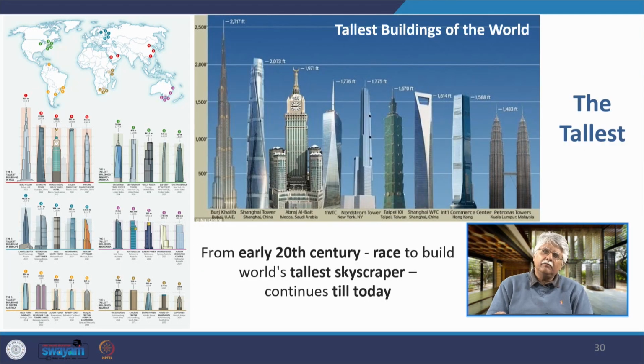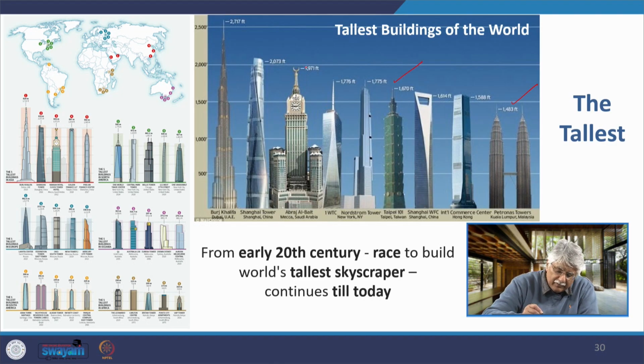Then this entire competition, this race to have the tallest buildings across the world, from early 20th century the race began and continues still today. So across the world, if you look at the tallest buildings, we have at one time the Petronas Towers were the tallest, and then other buildings followed like Taipei 101.